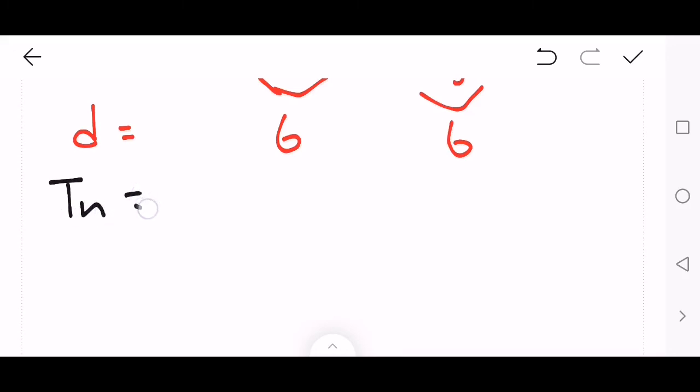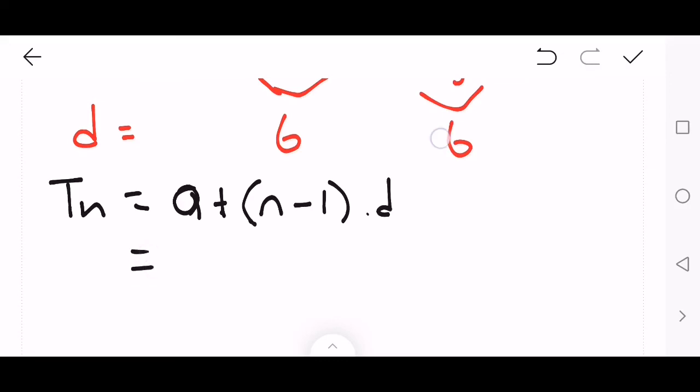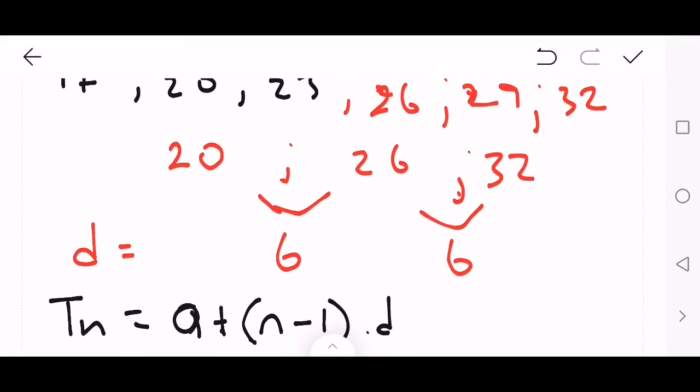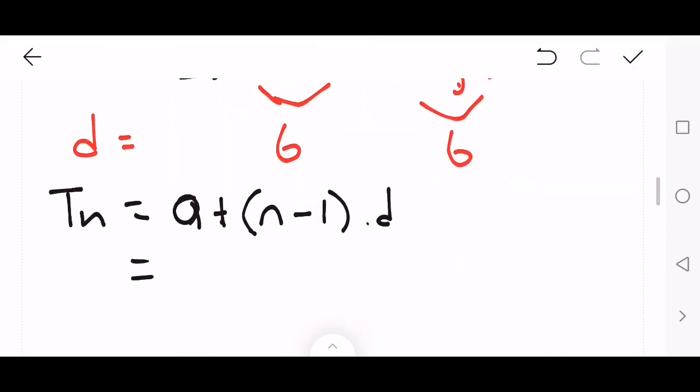Tn equals a plus n minus 1 times D. So our first term of this sequence is 20, so we have 20 plus n minus 1 times our common difference, which is 6.